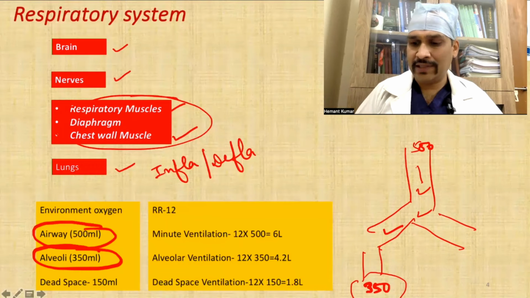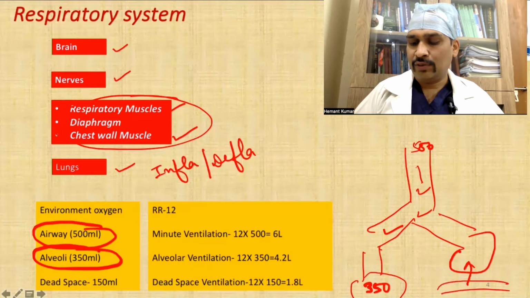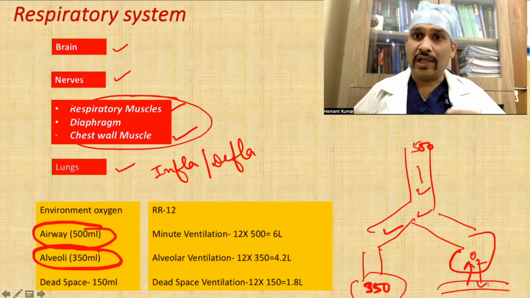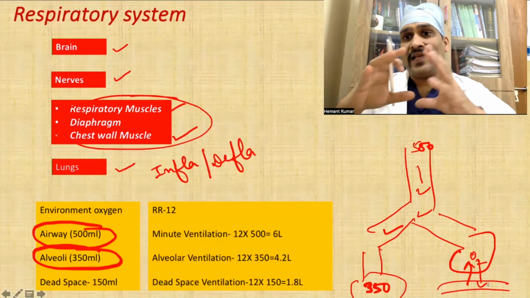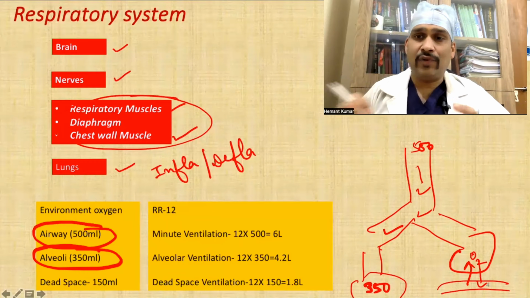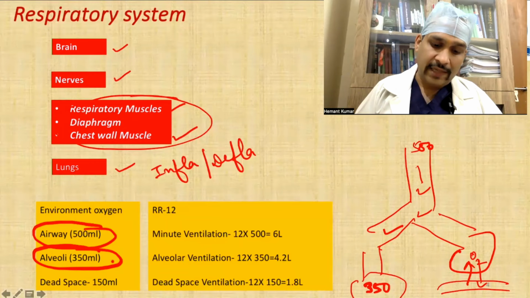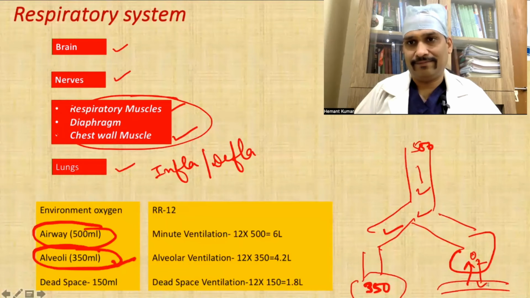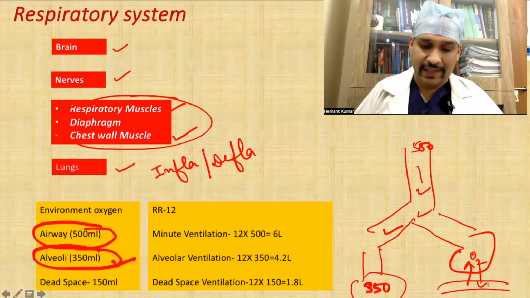You understand that alveoli have blood vessels. CO2 comes from the blood vessels into the alveoli and oxygen goes the other way. The amount of air which takes part in gas exchange at the level of alveoli is called alveolar ventilation, and the remaining air is called dead space ventilation.